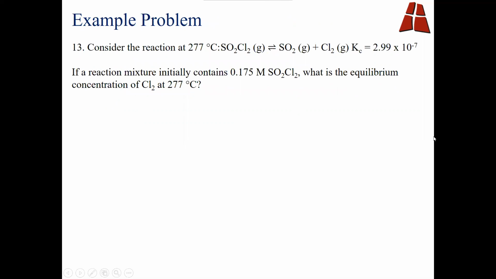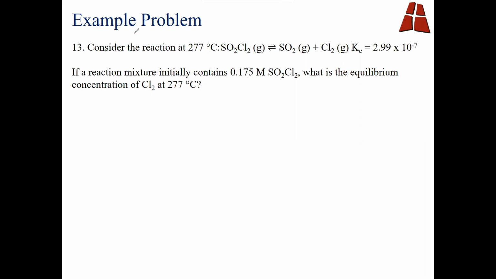And so this is the example problem we're going to be doing in the video for today. So I'll pull up my drawing tool here, and then we can get going. In this example problem, we have this reaction, SO2Cl2 dissociating into SO2 and Cl2, and it has a given K value of 2.99 times 10 to the negative 7.